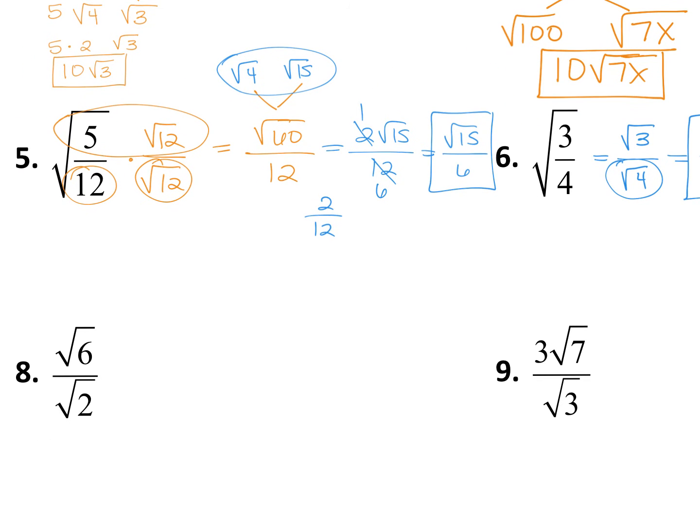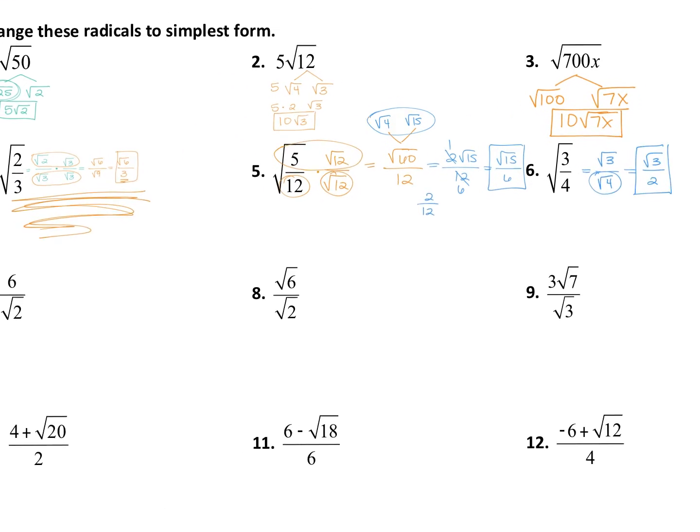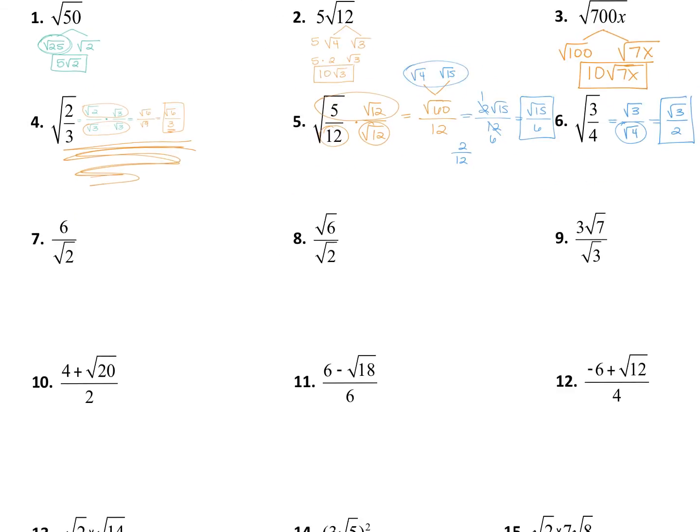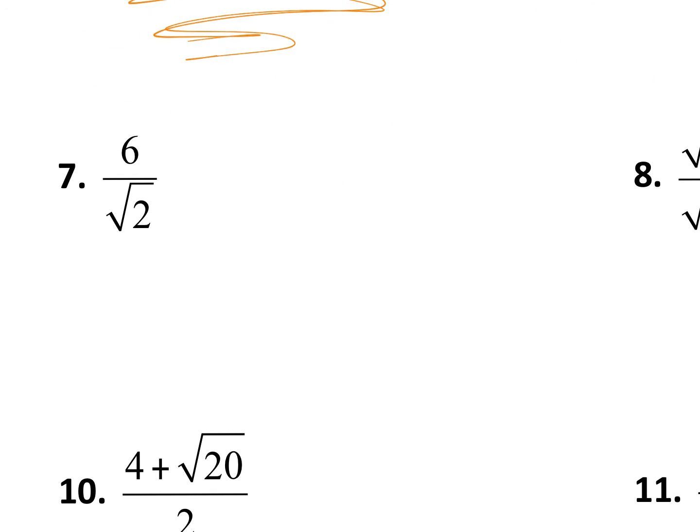Okay, number 7. What would you do here? What are you going to multiply by? How do you get a radical out of the denominator? Square root of 2 over square root of 2.